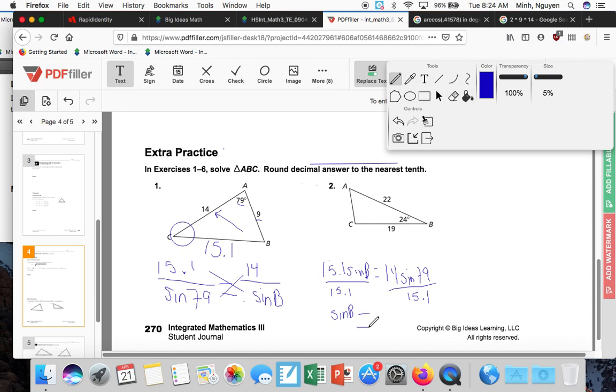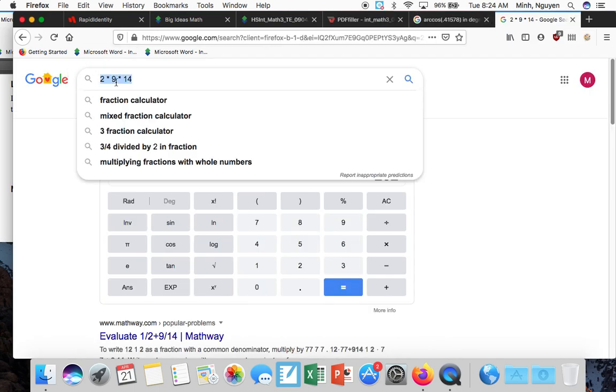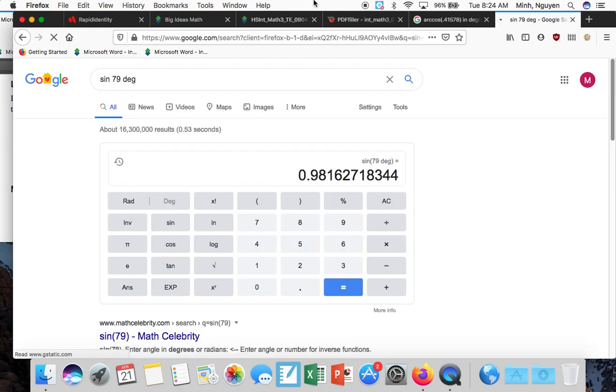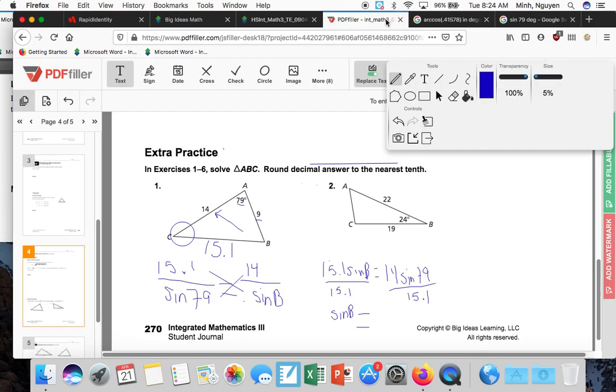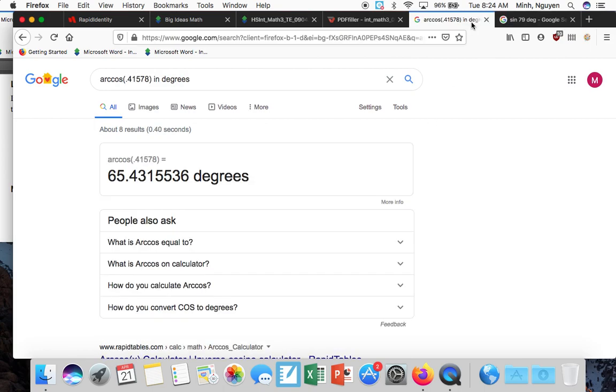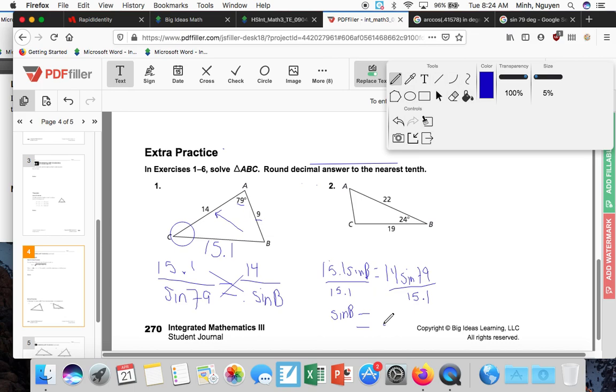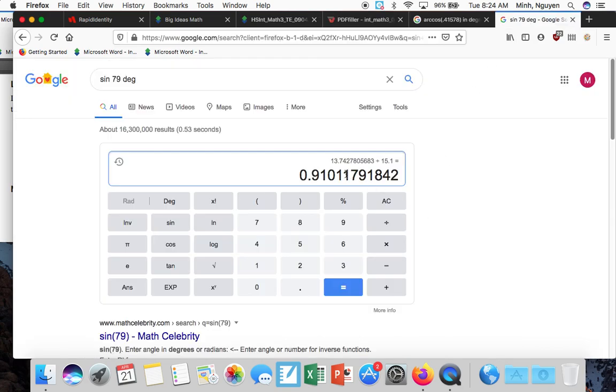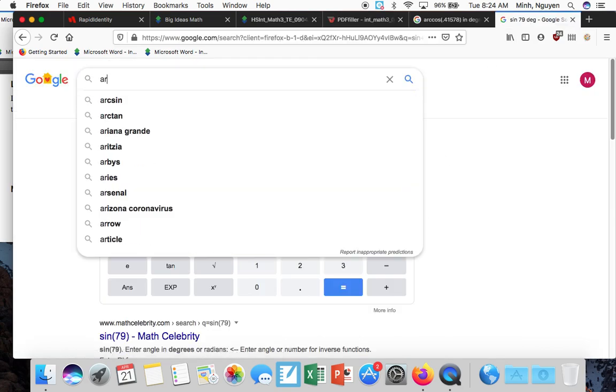So, 14 times sine 79 degrees, divided by 15.1. That gives 0.91011. And then we'll take the arc sine.